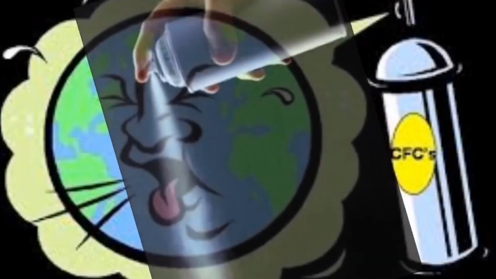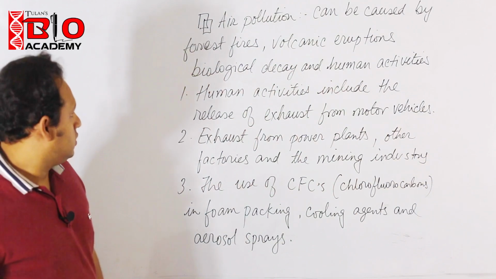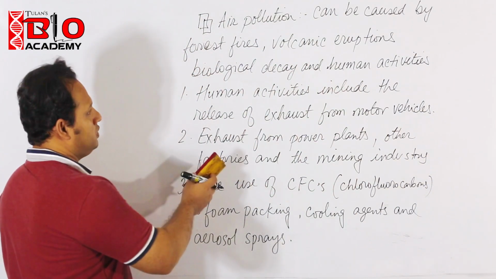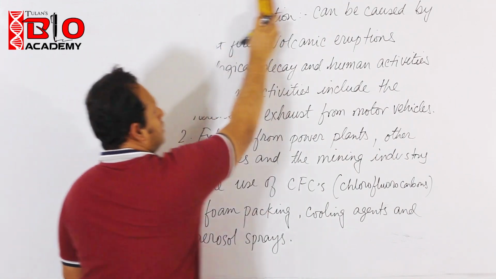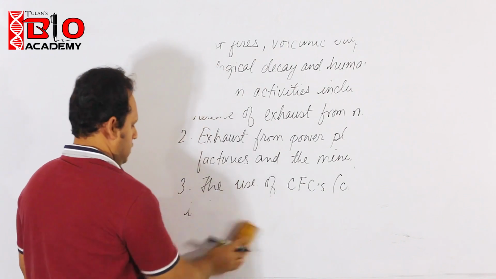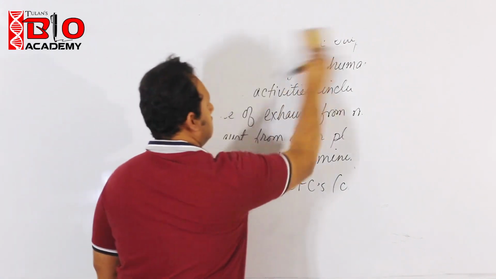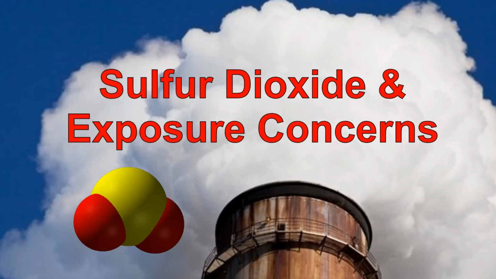Next we have air pollution due to sulfur dioxide and air pollution due to oxides of carbon and oxides of nitrogen. So human activities include this.